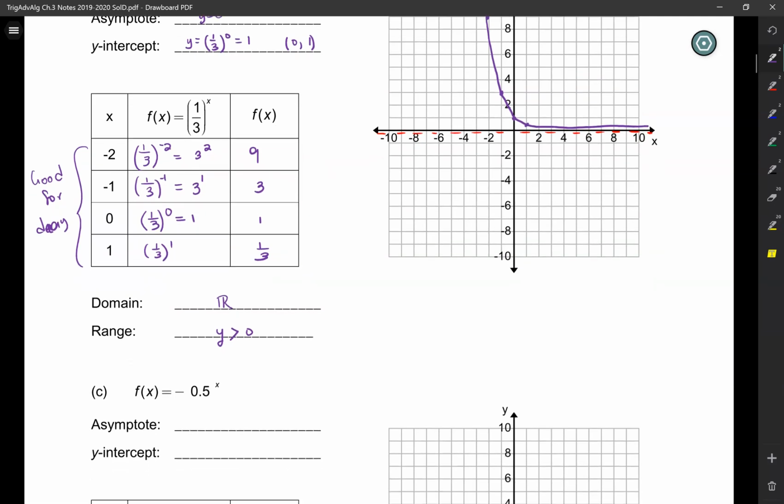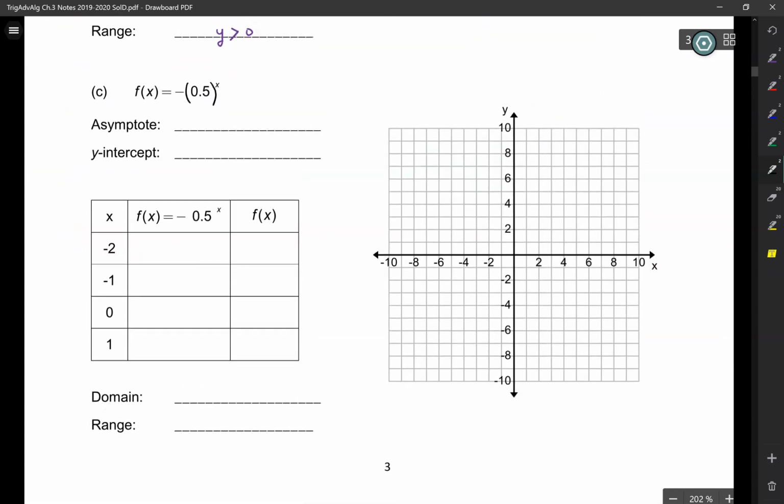All right. So now, look at this next one. I think there's supposed to be parentheses around this, right? Okay. So look. Is this growth or decay? Decay. All right. What's the asymptote? Y equals 0, for now, until I tell you when it changes.